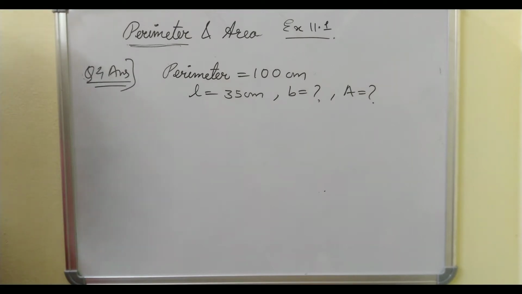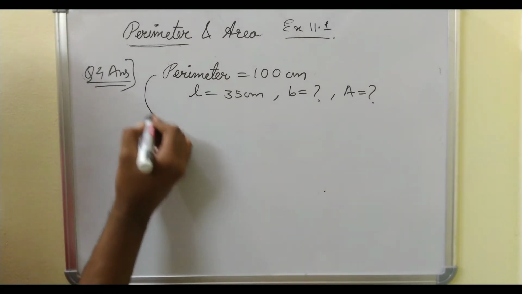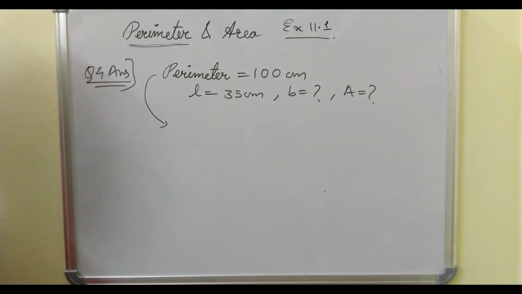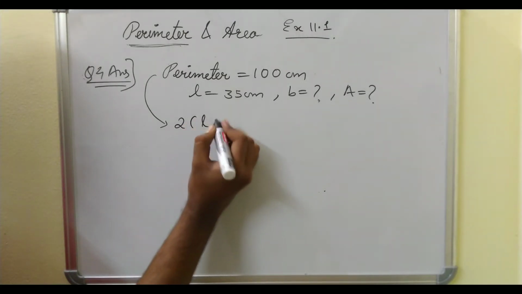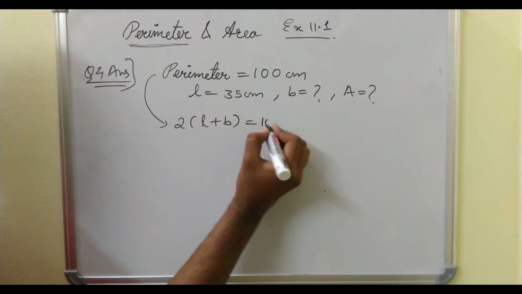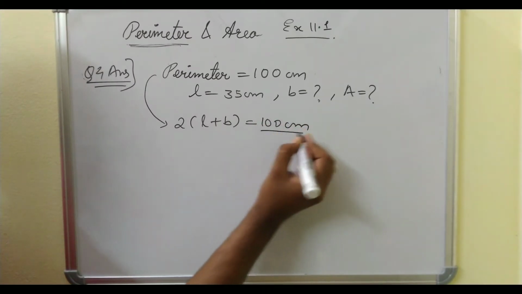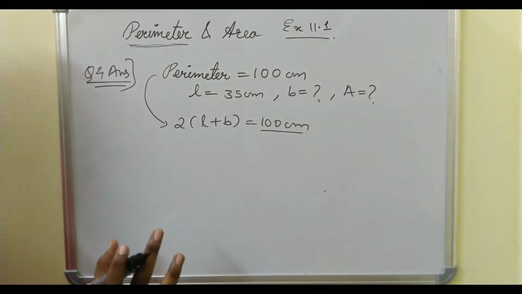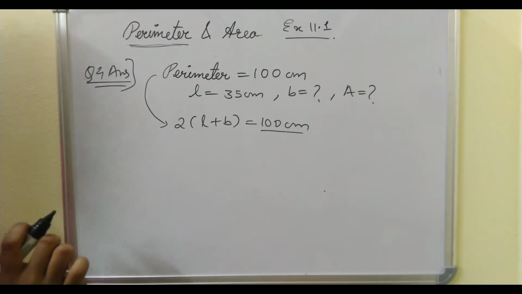To find that, what do you have to do? First of all, what is the formula for perimeter of a rectangle? That is nothing but 2 into (L plus B), which is equal to 100 centimeter. I'm just rewriting this in formula form.